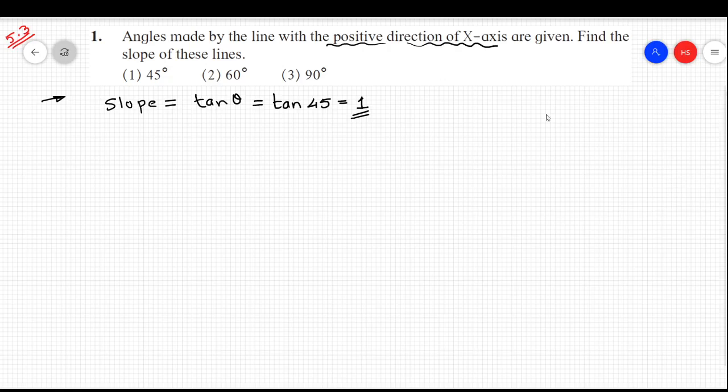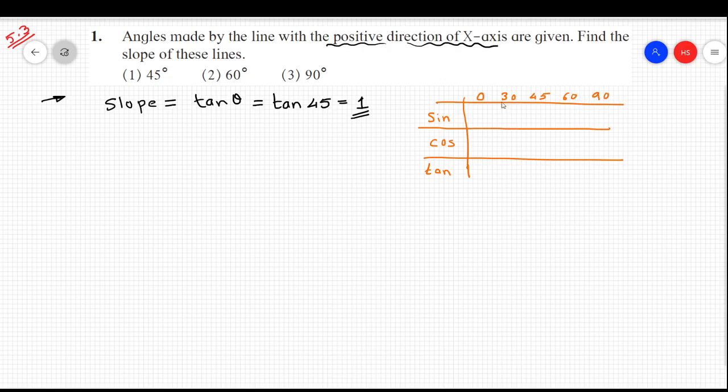for you people. So what was the table like? We had first sine, then cos, of course sine of theta and cos of theta. So I'll make a short and quick table. Okay, and we want to find out tan of theta. What were the angles we use normally? 0, 30, 45, 60 and 90. These are in degrees.